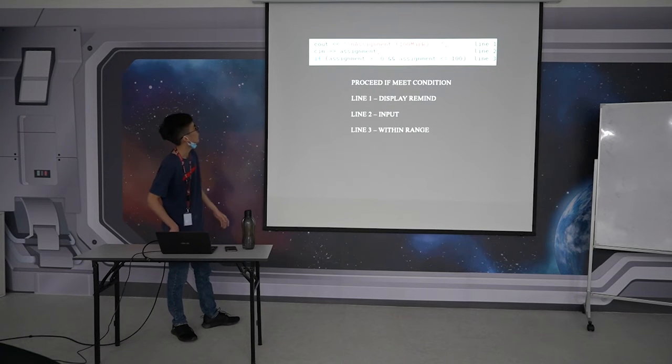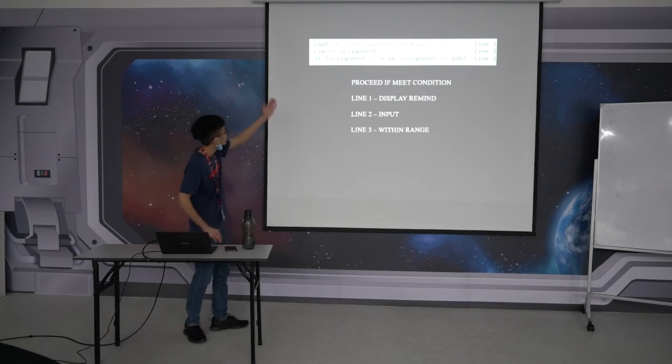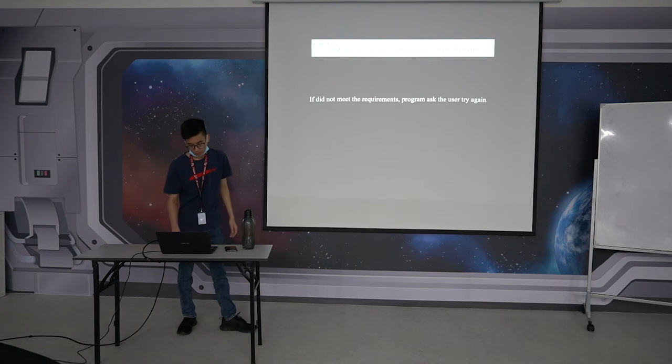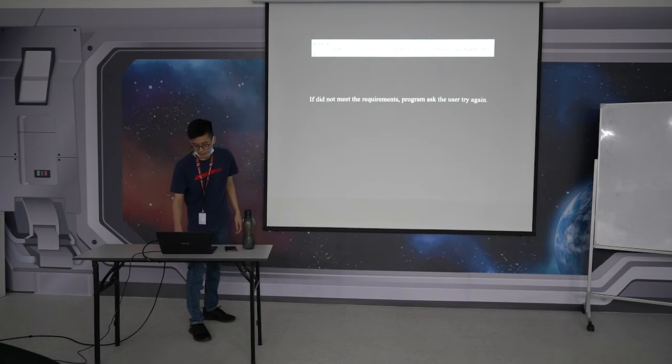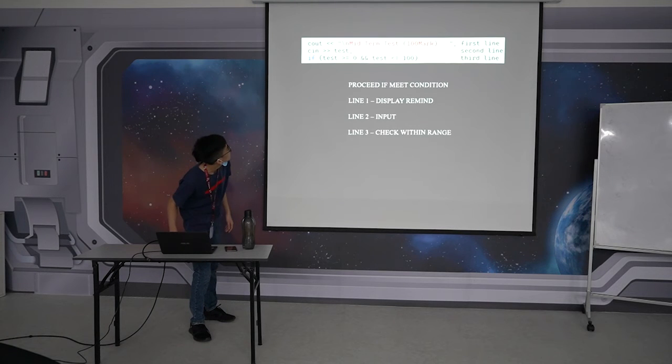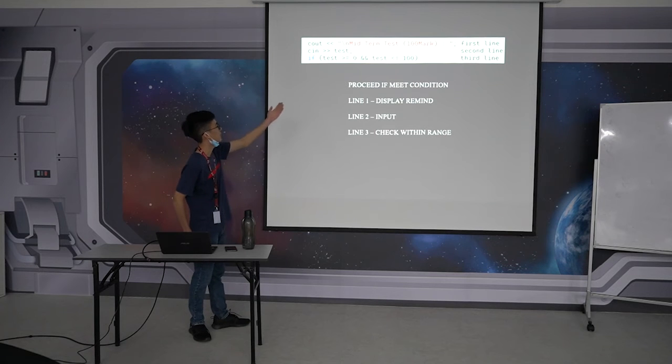For assignment, it's the same process. The first line displays the reminder, line 2 is for the user to input, and line 3 checks whether it is within the range or not. If it does not meet the condition, it will ask the user to try again: invalid assignment input, please try again. If it meets the condition, it will come to the midterm test.